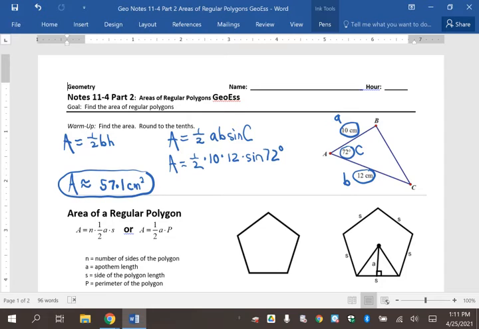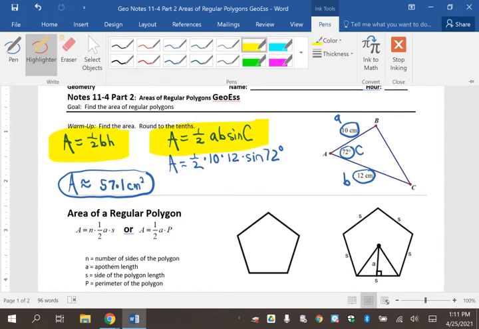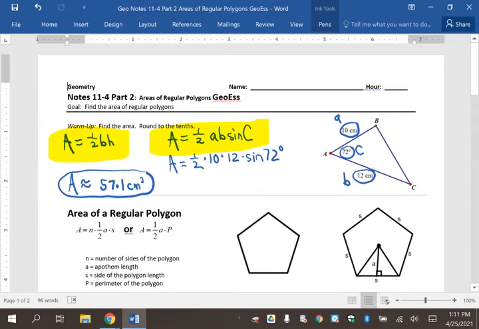So, review. We have our two equations for the area of a triangle. Area is either 1/2 base times height, or area equals 1/2 AB sine C. Both of these formulas are also going to be used when we have a regular polygon. A regular polygon is a many-sided figure, and all of the sides are the same length.